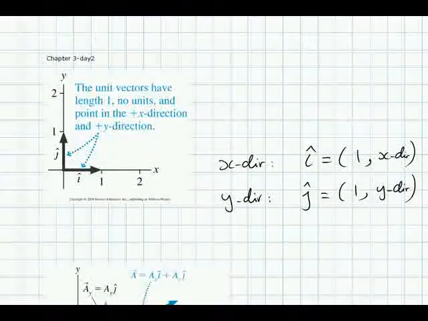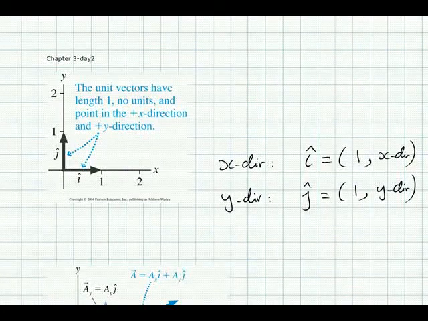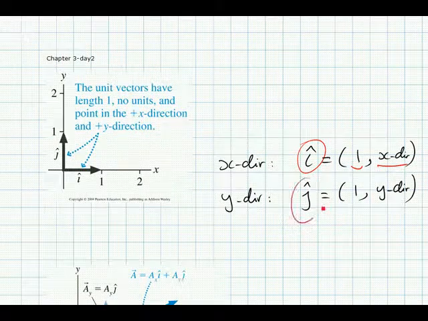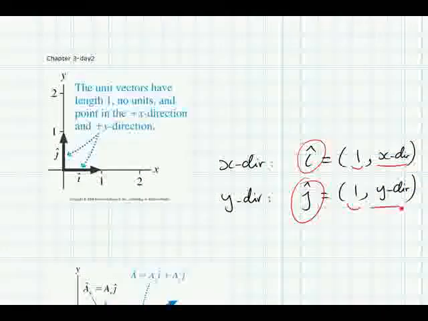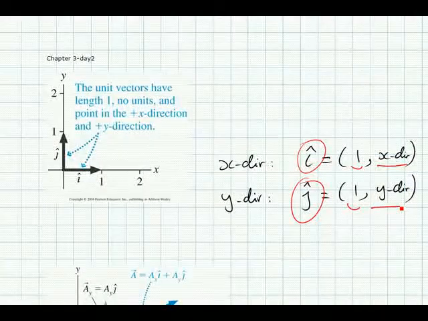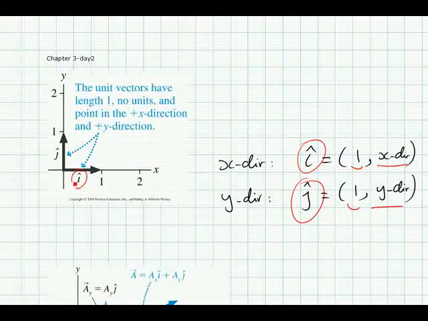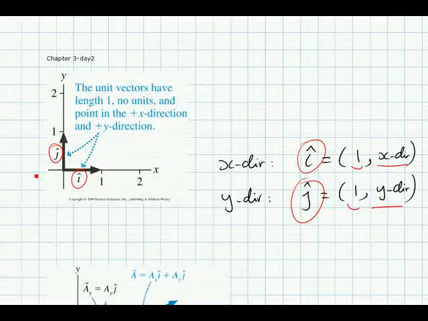let me just mention the i and j unit vectors one more time. Once again, the unit vector i is 1 unit long along the x direction, and unit vector j is 1 unit long along the y direction. And here unit vectors i and j are shown.